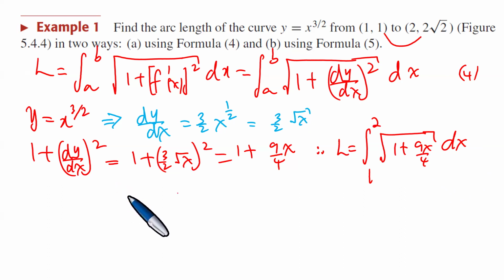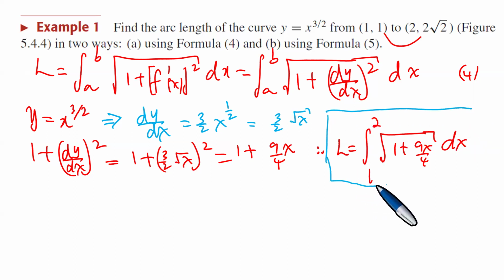Now, we need to just deal with this one. Let us take a look at this arc length equation that we have got, and then just compute this. How do we compute this?